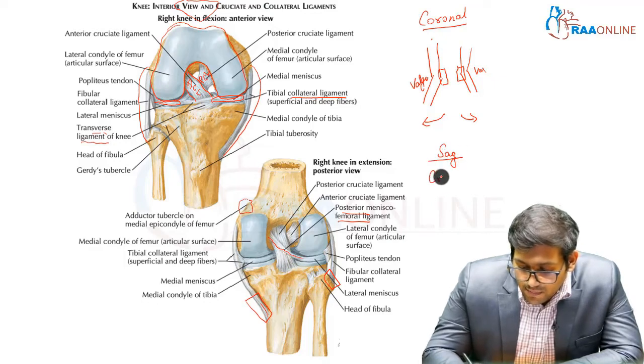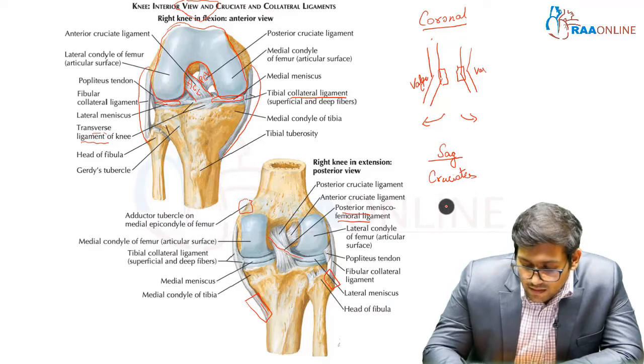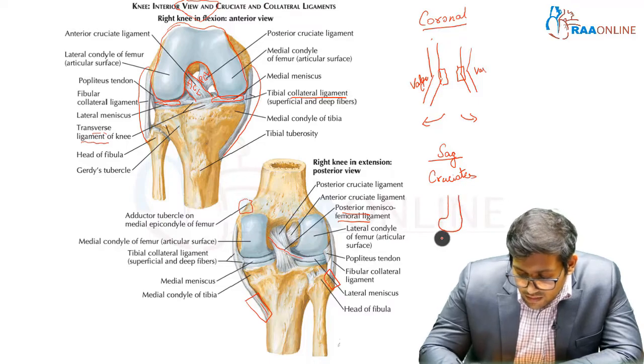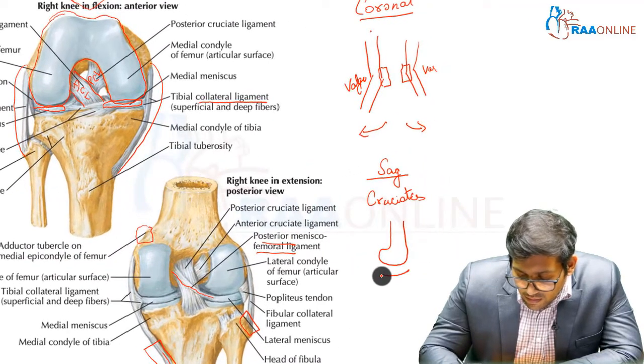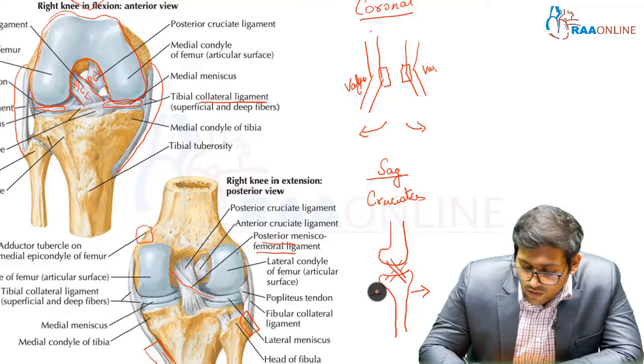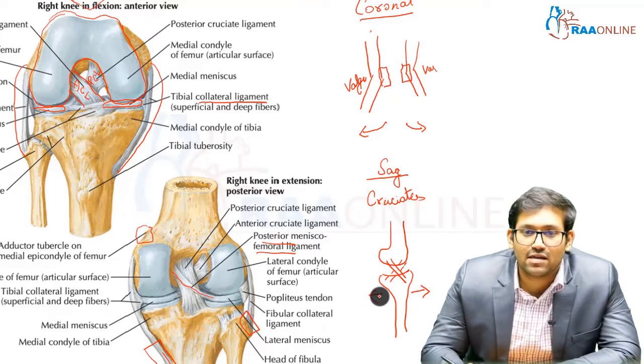the cruciates come into action in preventing translation of the tibia. The cruciates, being attached in this manner, prevent translation of the tibia in the front or the back by providing stability.